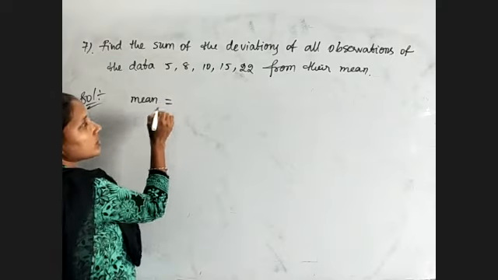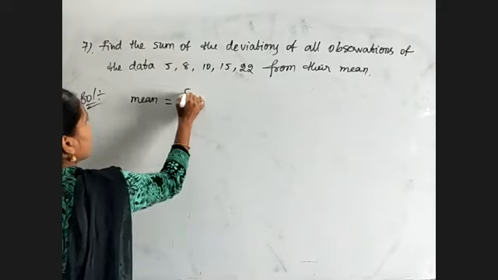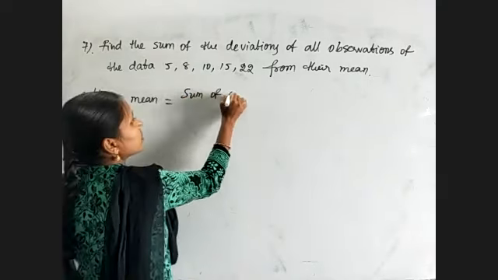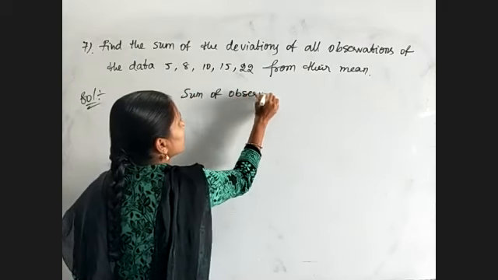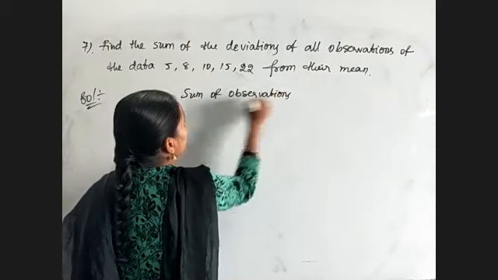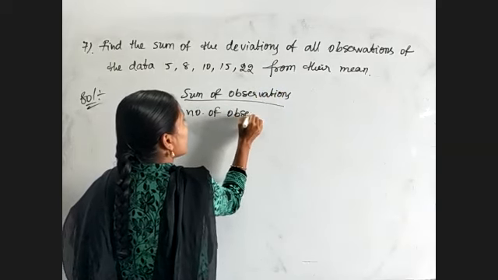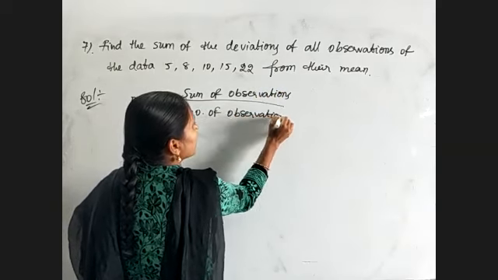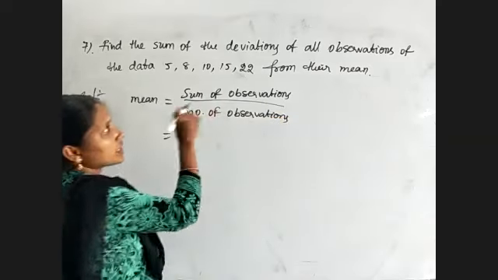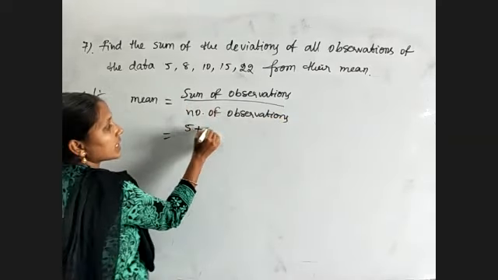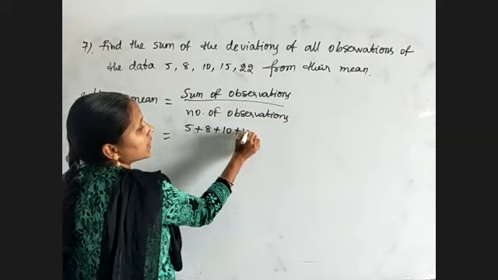Mean equals sum of observations by number of observations. So here, what are the given observations? 5 observations are given: 5 plus 8 plus 10 plus 15 plus 22.